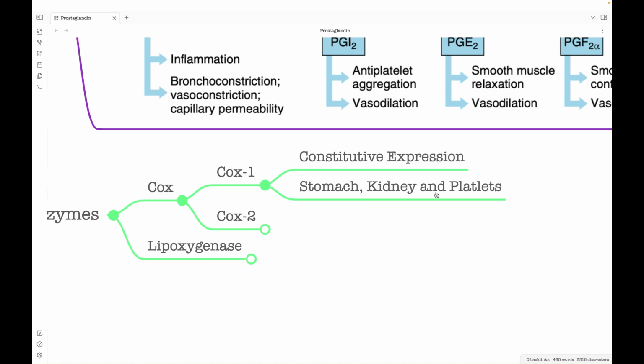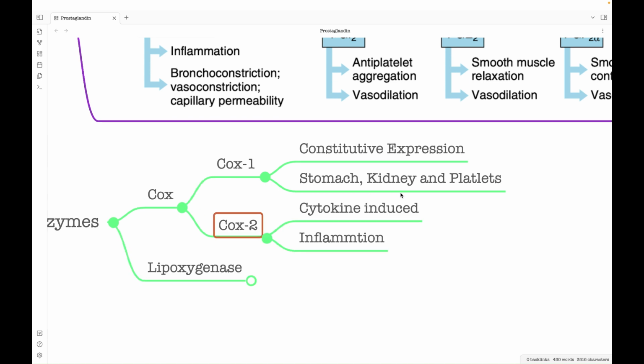From these three parts of our body, COX1 is released, and it has constitutive expression. That means the production of COX1 is not dependent on any kind of stress or stimulation. Every time in our body COX1 is produced.